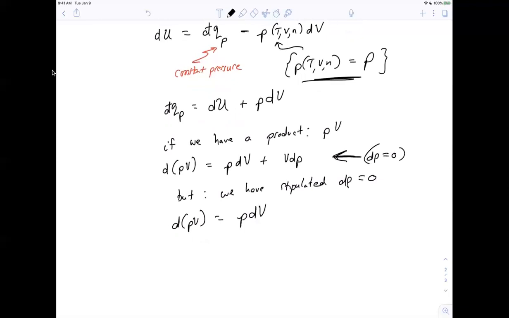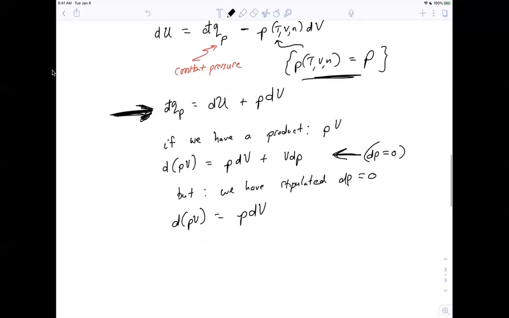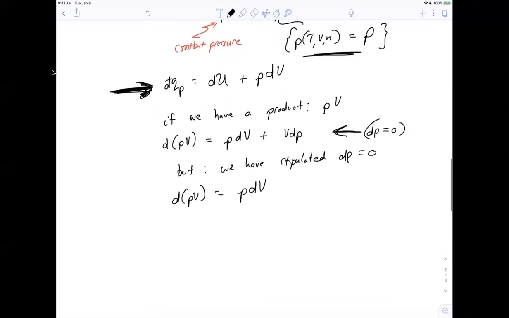Okay? So if we go back to our expression here, we can make some substitutions. We can say that dQp is equal to dU, but now we have this PdV term, but that PdV is equal to d(PV).